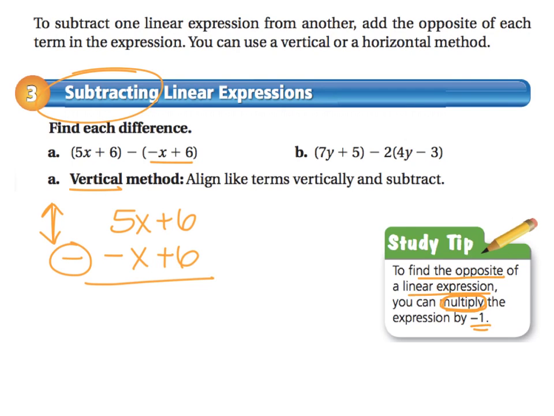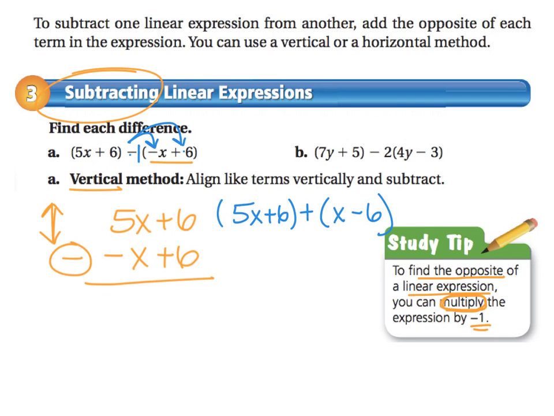And if we distribute that negative 1 to this expression, we change it into addition, which is kind of nice. So we can take this problem and change it into 5x plus 6 plus negative 1 times the negative x is positive x. And negative 1 times positive 6 is negative 6.